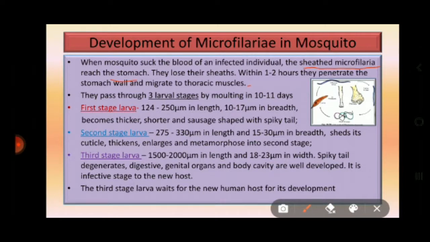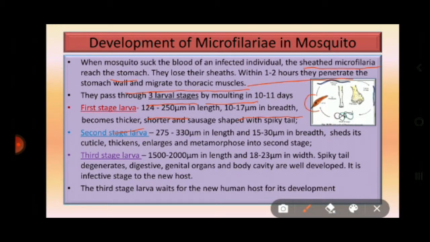They lose their sheath, and within 1 to 2 hours, they penetrate the stomach wall and migrate to the thoracic muscles. In the thoracic muscles, they pass through 3 larval stages by molting in 10 to 11 days. Now the first stage larva, you can see here, measures about 124 to 250 micrometers in length and 10 to 17 micrometers in breadth, and it becomes thicker.